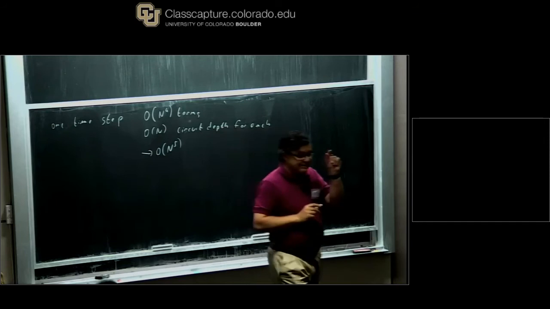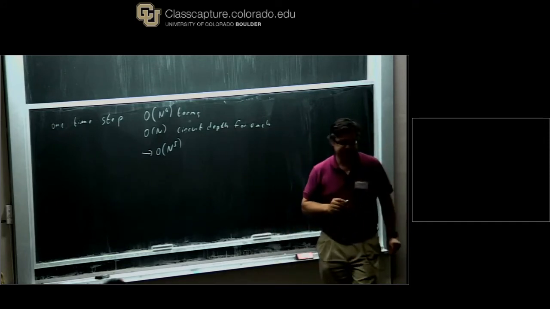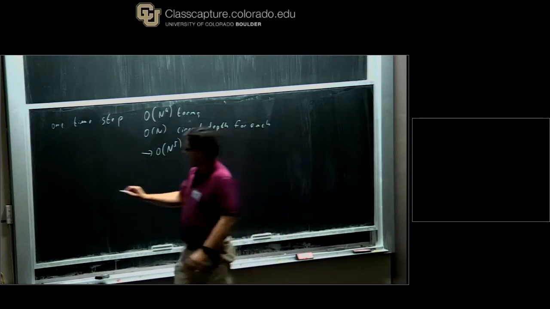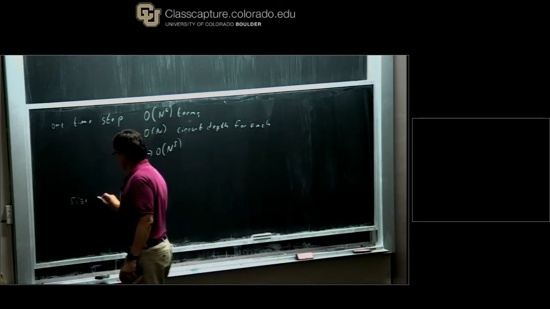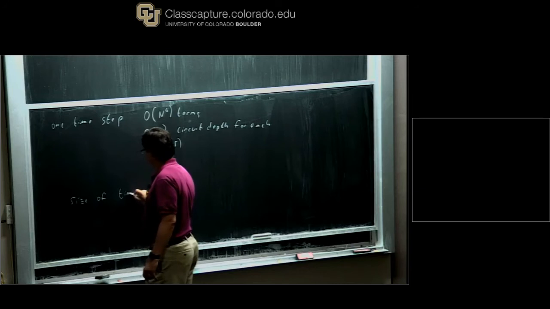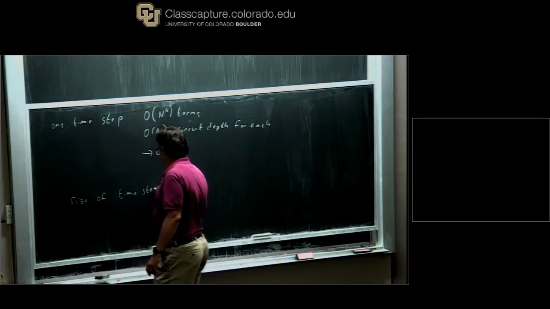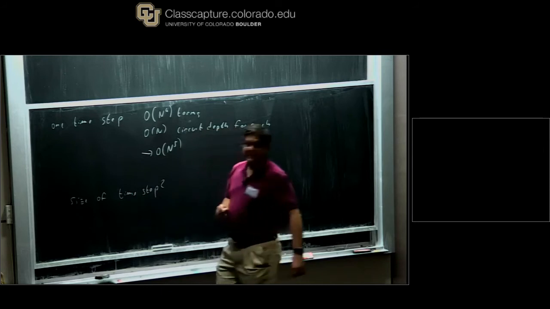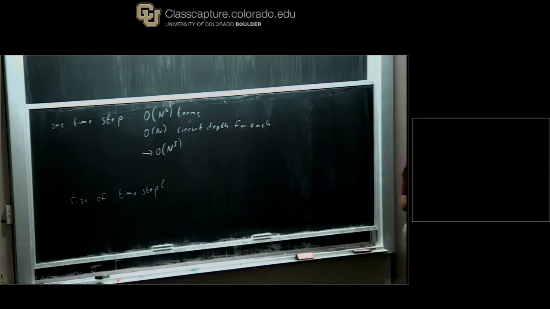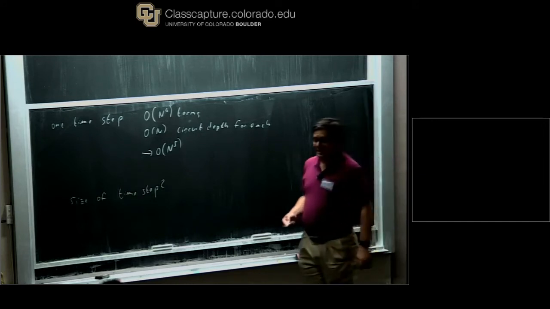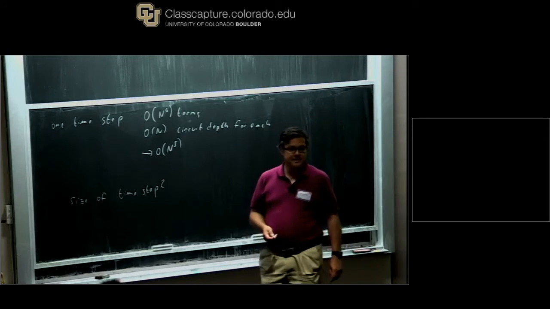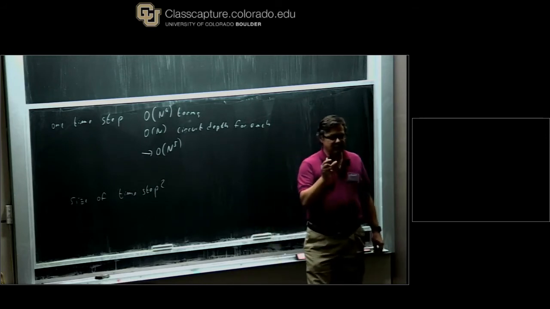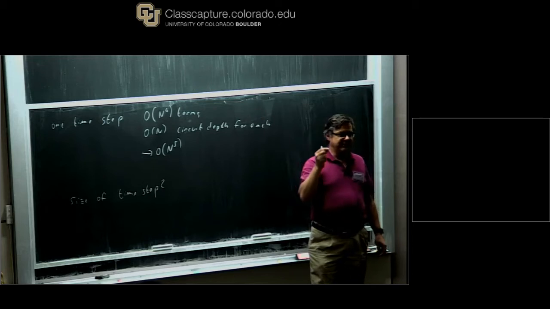Now the question is, how small do I have to choose the time step? And that depends on which version of the Trotter decomposition you use. In the simple, the first order one, the time step has to go with 1 over the square of the number of terms.